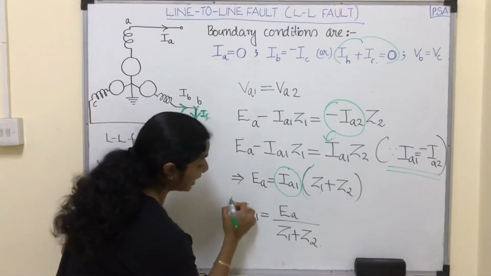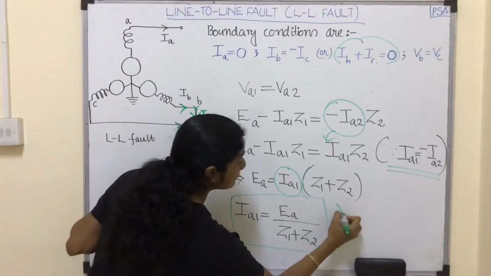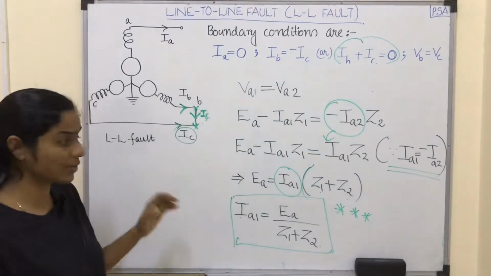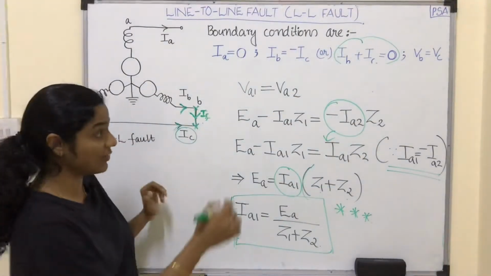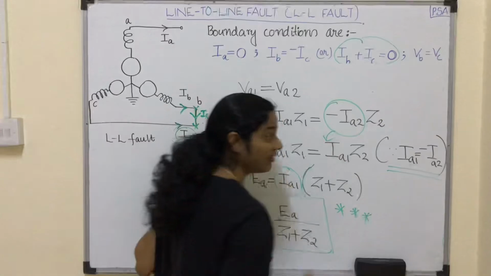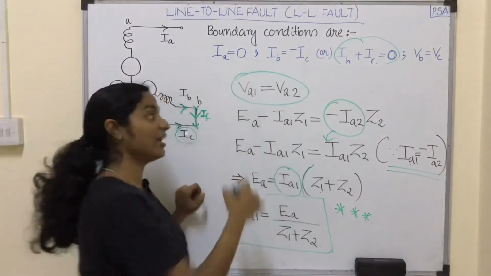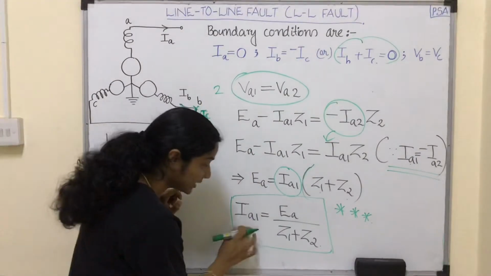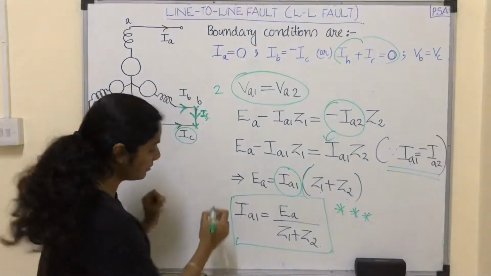That means IA1 is equal to EA divided by Z1 plus Z2. Okay. So in this LL fault, we have got three results. First one is that IA1 equal to minus IA2, the second one is that VA1 equal to VA2, and the third one is that IA1 equal to EA divided by Z1 plus Z2.